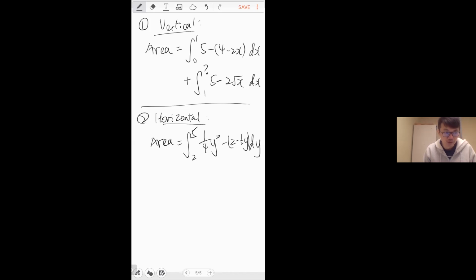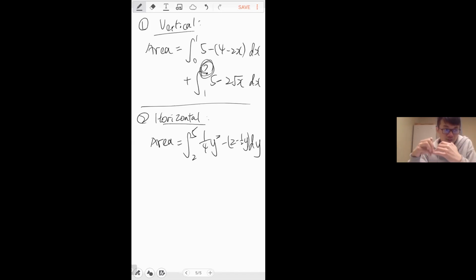Which one do you think is easier for you? Well, you still need to find out what the upper limit is here, right? So in this case, you can do vertically and horizontally, but you need to know how to do both.